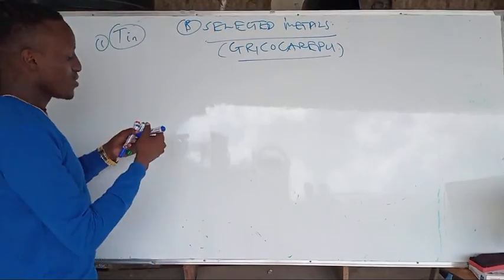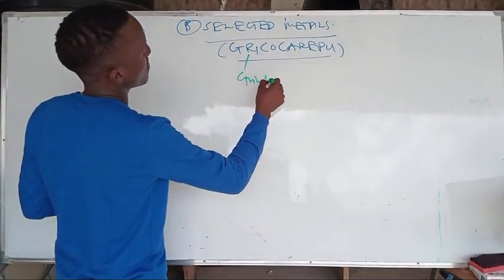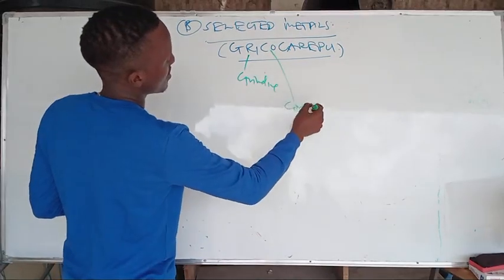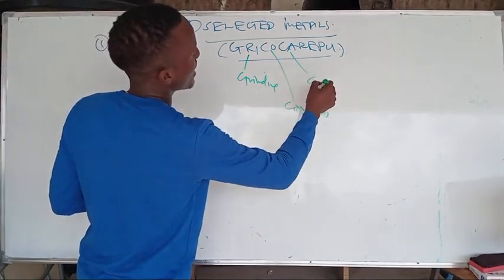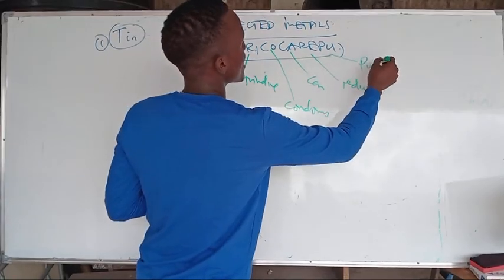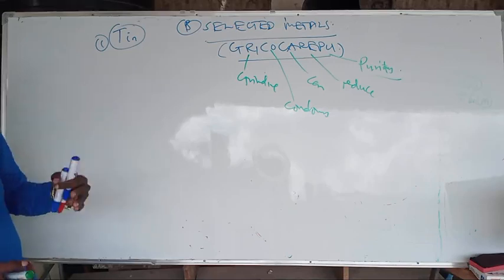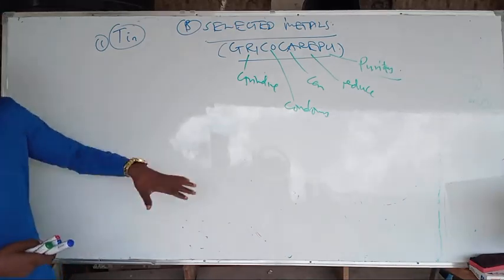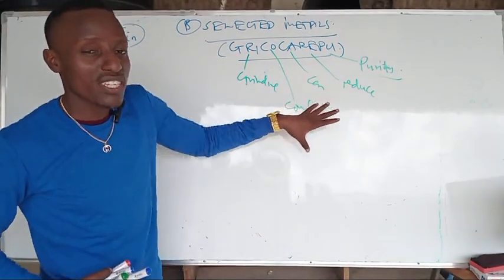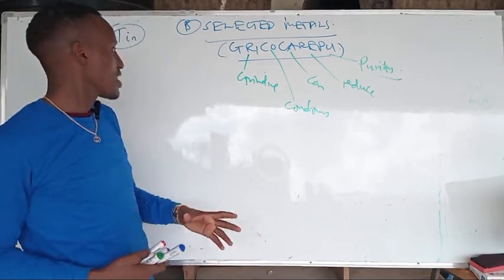So you can just say, grinding condoms can reduce your purity, guys. Purity. That's what we say about the Greco-Carib, but this is just the mnemonic.